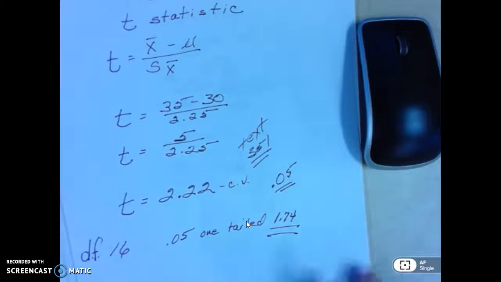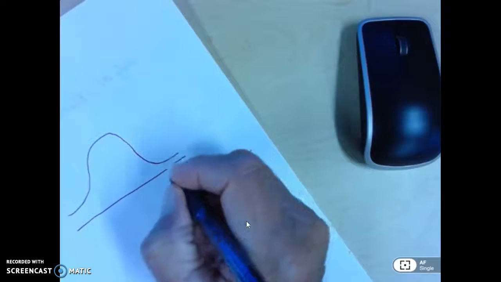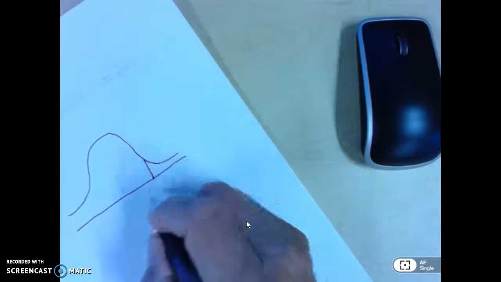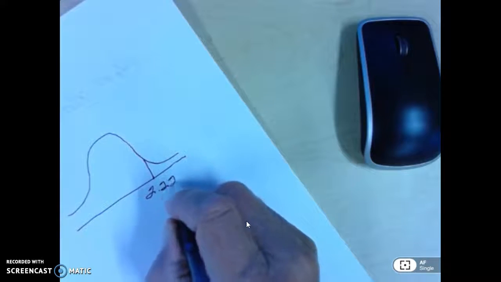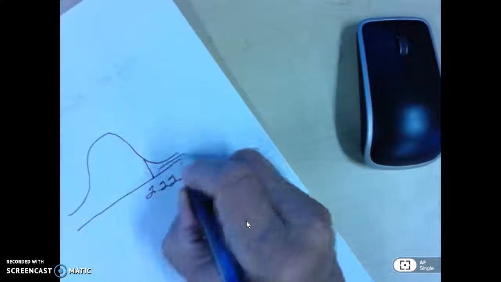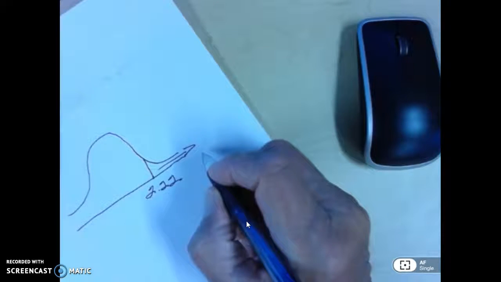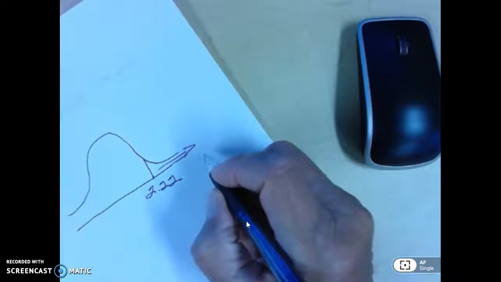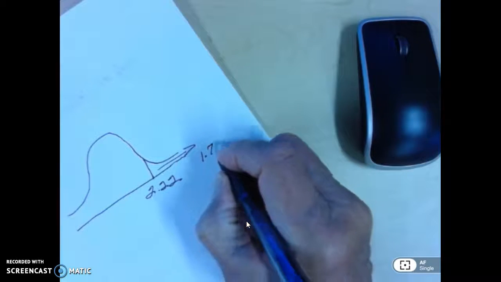1.74. Okay, now if we had a one-tailed curve, and that's what they're looking at here, and the critical value, you remember we figured at 2.22. I believe that was our critical, yeah, 2.22 was our critical value. But when we look at the chart here, we're going out this way, and we have 16, we have 1.74.